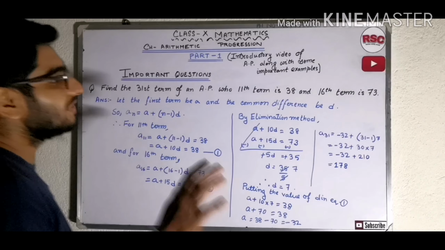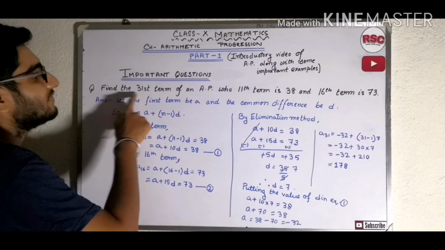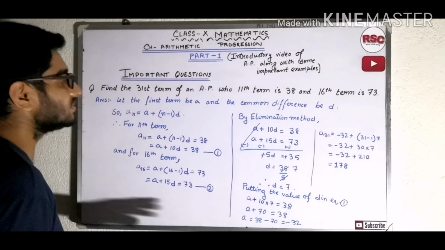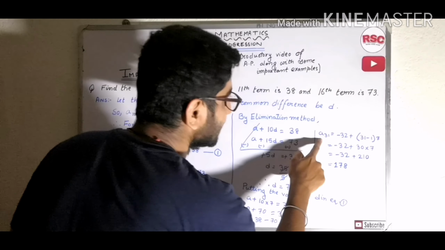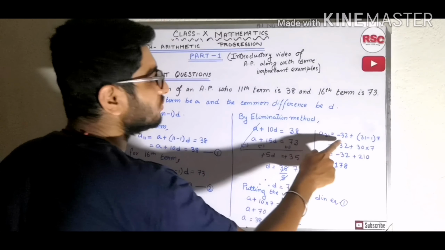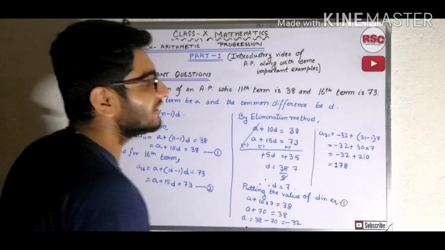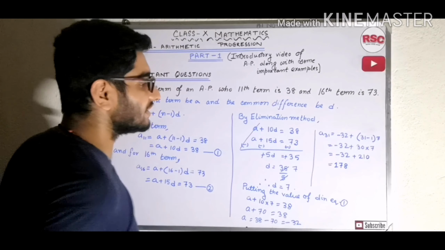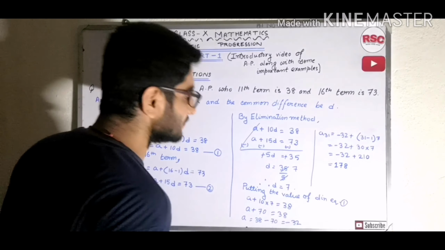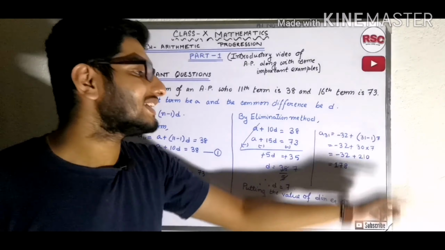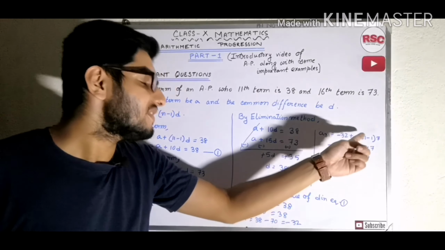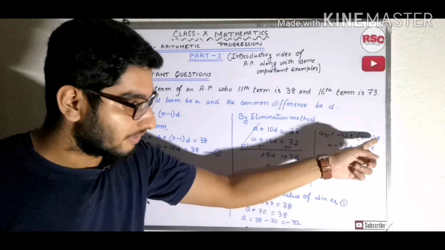Now we were told to find the 31st term of the AP. So a of 31 equals minus 32 plus (31 minus 1) into 7. Minus 32 is the first term, 31 is n, minus 1 is from the formula, into d.